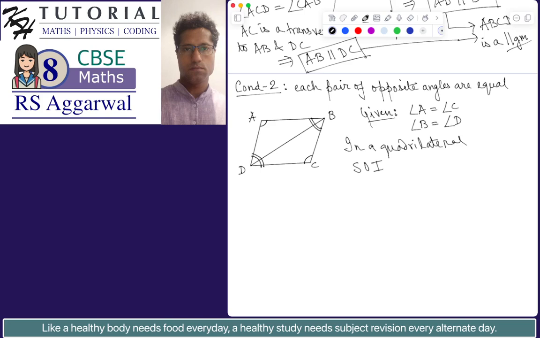In short, the sum of interior angles will be 180 degrees multiplied, as per the formula, by n minus 2. n is 4, so 4 minus 2.